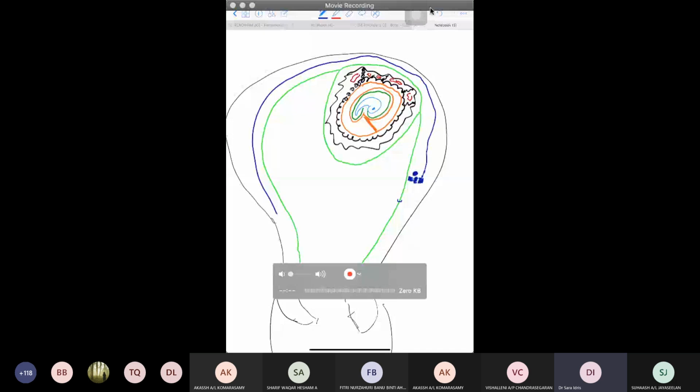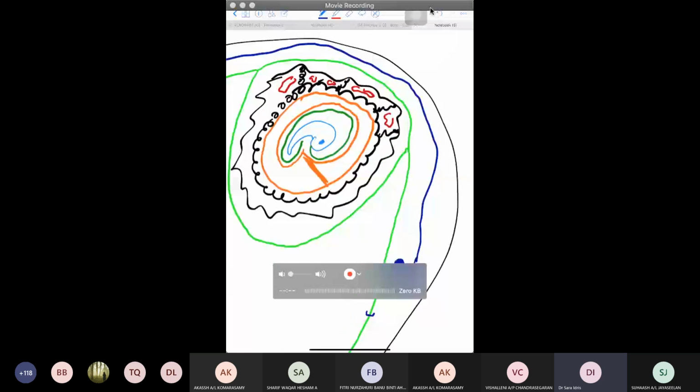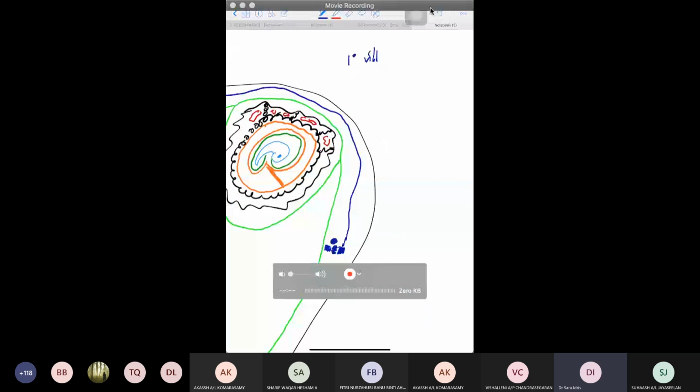But don't forget also, at the same time, your villi now will change from primary villus to secondary villus. Remember, primary villus was just a core of cytotrophoblasts, and outside that will be covered by syncytiotrophoblasts.